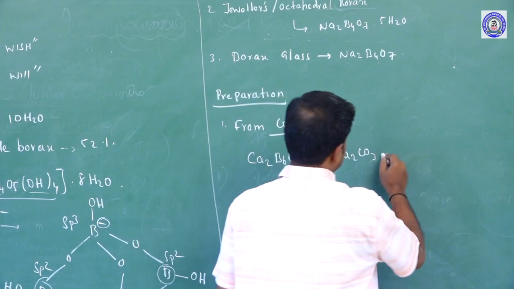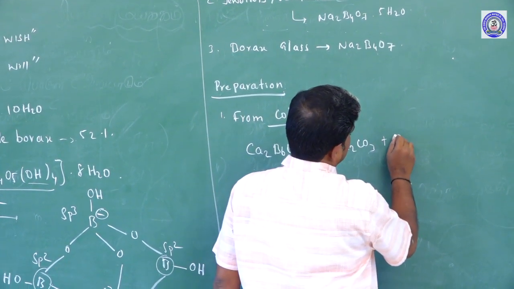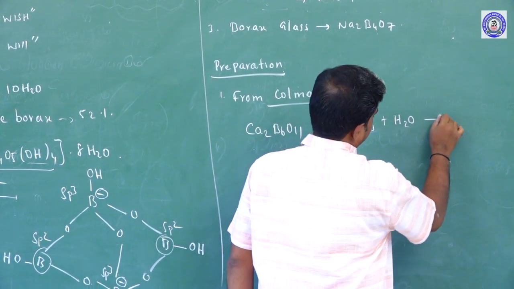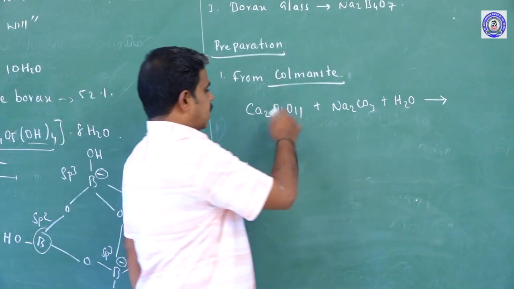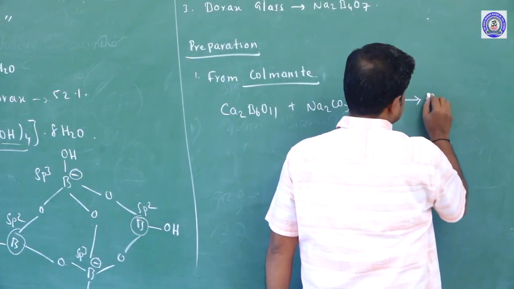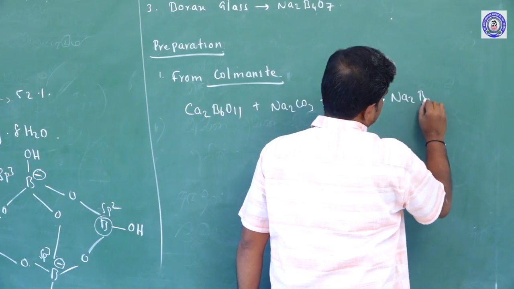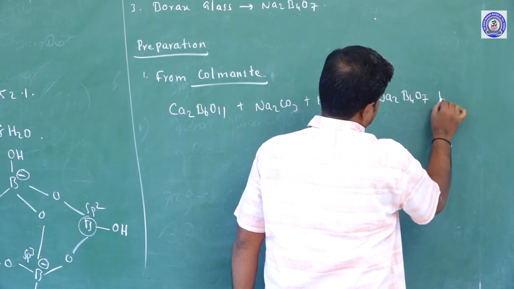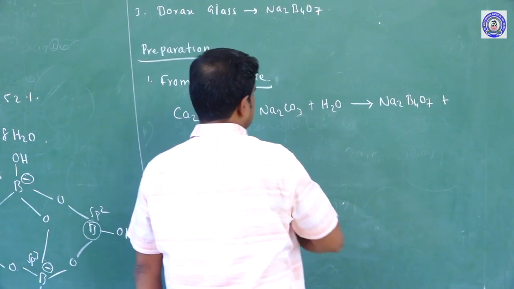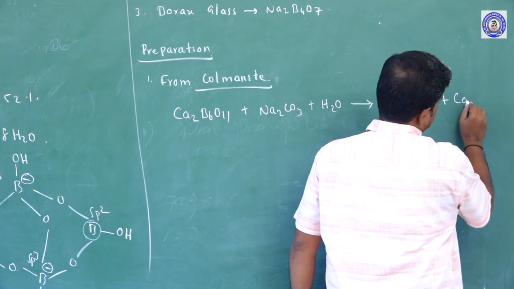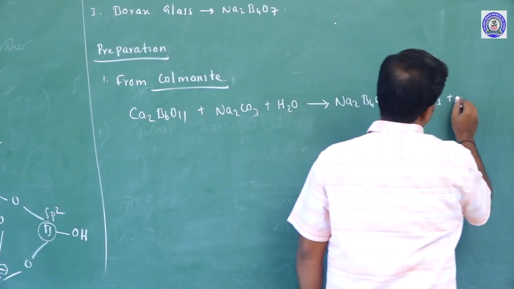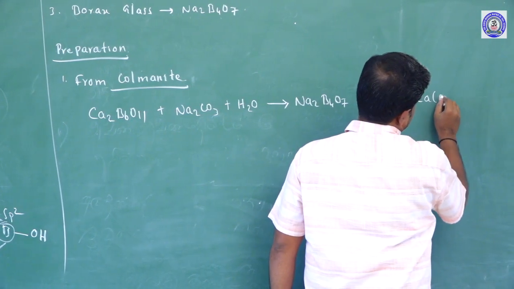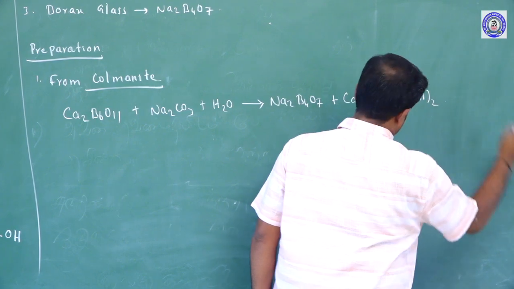sodium carbonate and water. Then it gives Na2B4O7, calcium carbonate CaCO3 and calcium hydroxide.